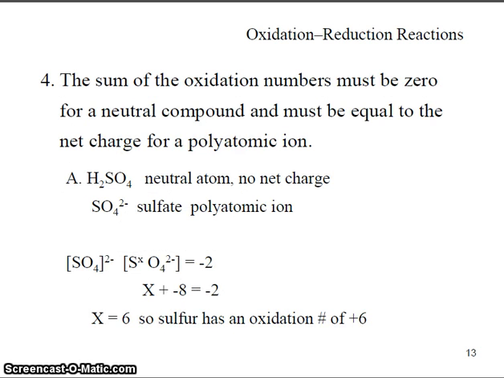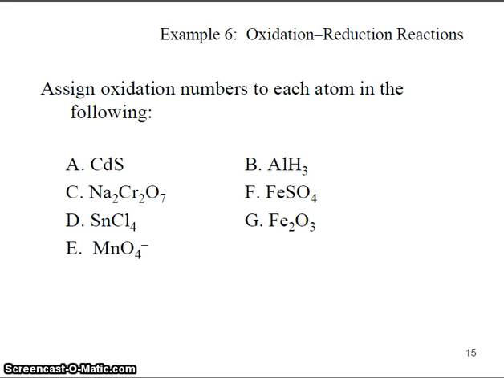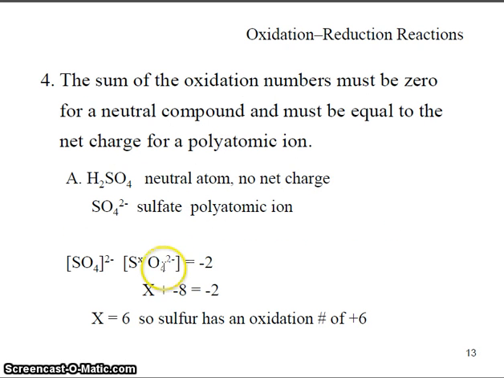So for instance, you can see right here, I'm trying to show you the oxidation number of sulfur in H2SO4 or sulfate ion, and the best way to go about it is that you measure up what sulfate would look like.